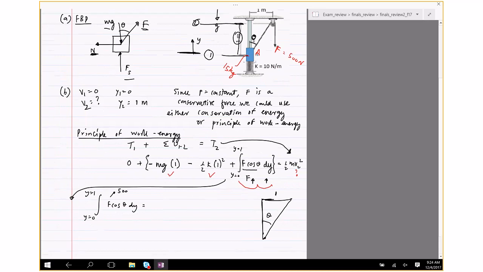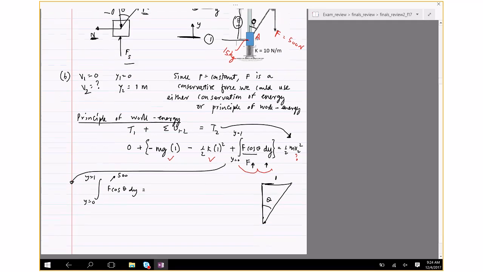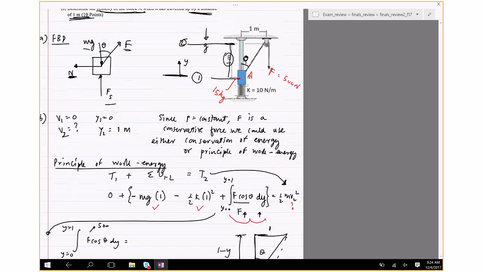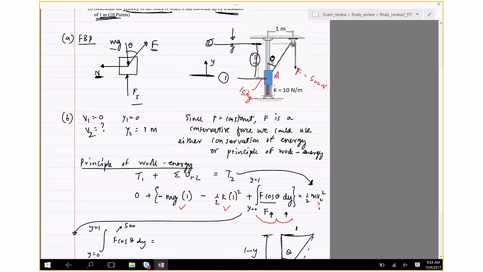If the particle moves by distance y, so it's initially here, if now it has moved a distance of y, then this is going to be 1 minus y. You have to draw this figure for a generic angle theta, not the special case. The special case is when the vertical distance is 1 and the horizontal distance is 1.